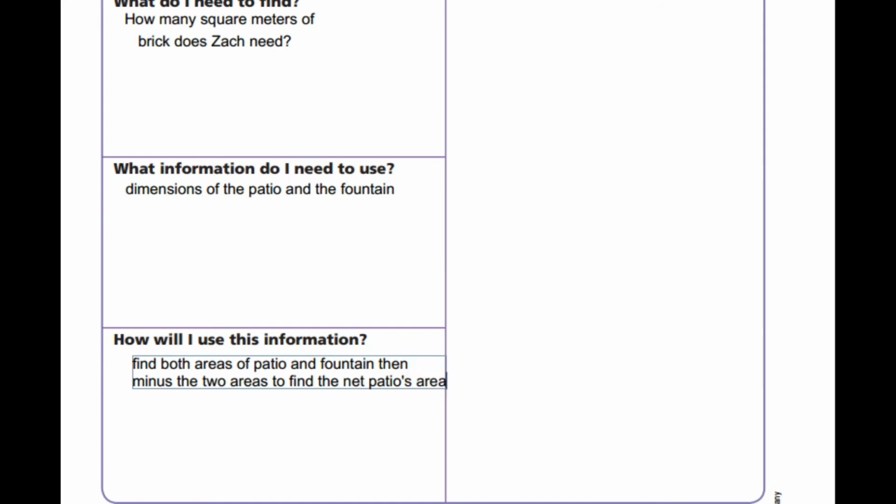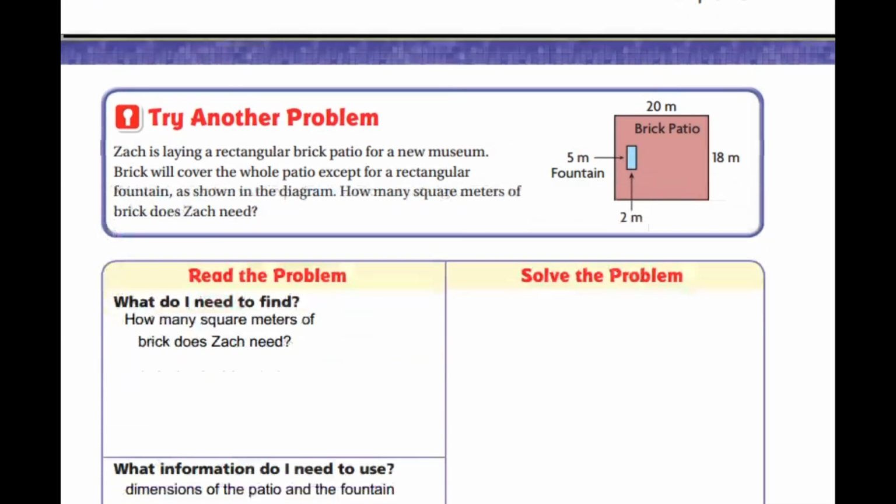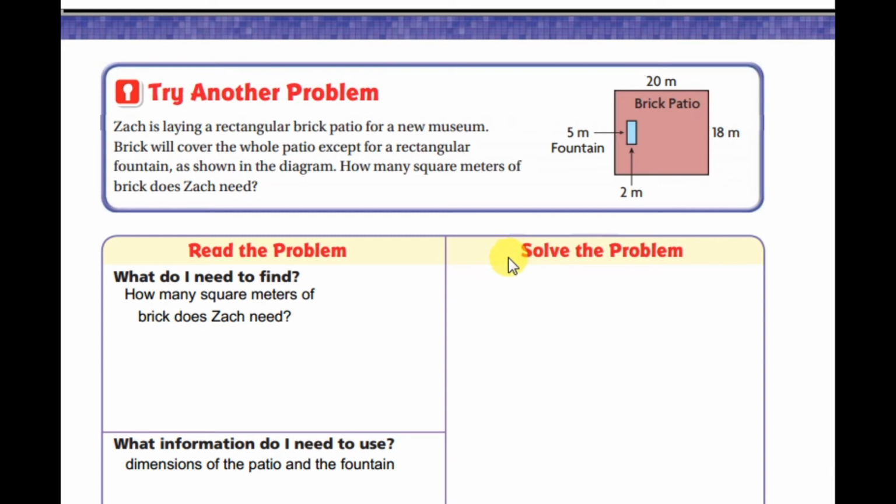So first, what is the patio's area? The big rectangular shape area. So use the formula A equals BH. A equals B times H. Then fill in the formula.